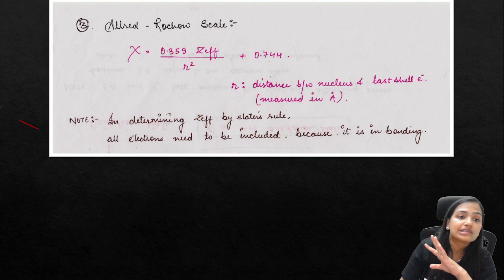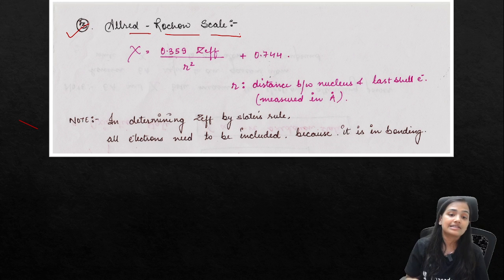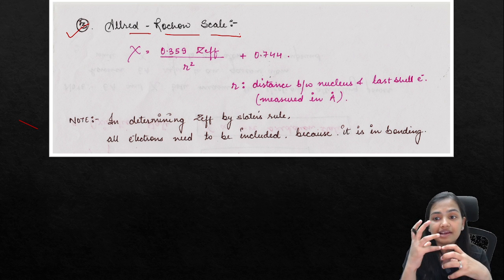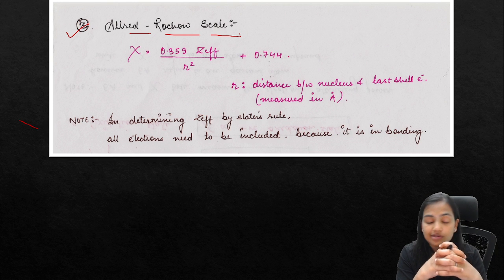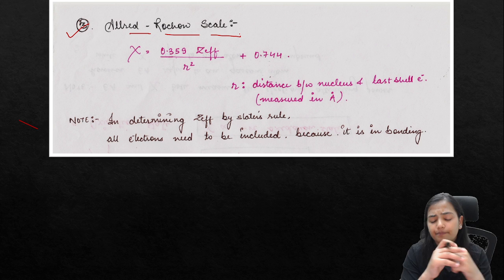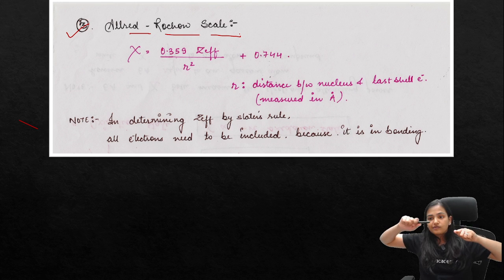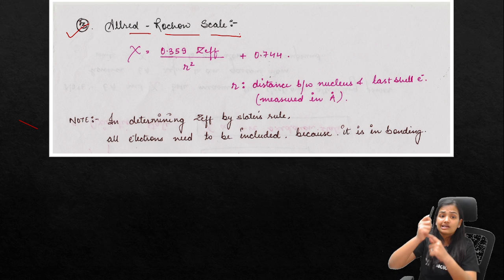Now here we have the third scale, which is the Allred-Rochow scale. So what does this scientist say? He says that by determining the Z effective and the radii of an atom, we can determine the electronegativity values. So what does this mean? Here I am saying that B is more powerful to pull the shared pair of electrons. Why?